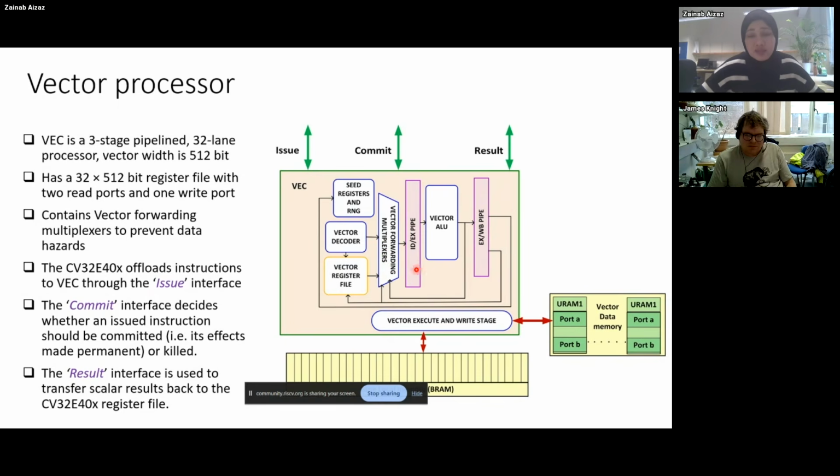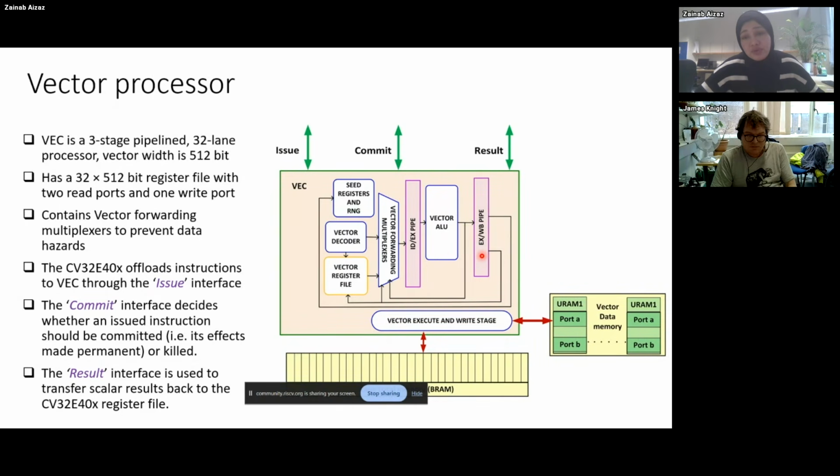Then the instruction goes to the IDX, that means the instruction decode and execute pipeline, and then it enters the vector arithmetic and logic unit. This unit contains lots of units that are required for vector calculation, which has a width of 512 bits. So adders, multipliers, and all those comparators are there in the vector ALU, and the width of everything is 512 bits.